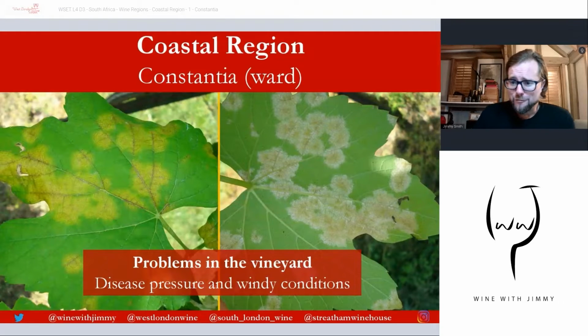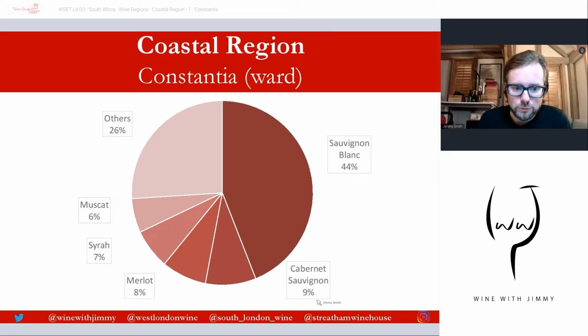So this is where you can get really high acidities. I know of some Viognier being grown in Constantia, and the TAs behind the Viognier of Constantia are in the 7s, nearly 8s, which are really high for Viognier, which make them exceptionally fresh to drink, which is absolutely wonderful.